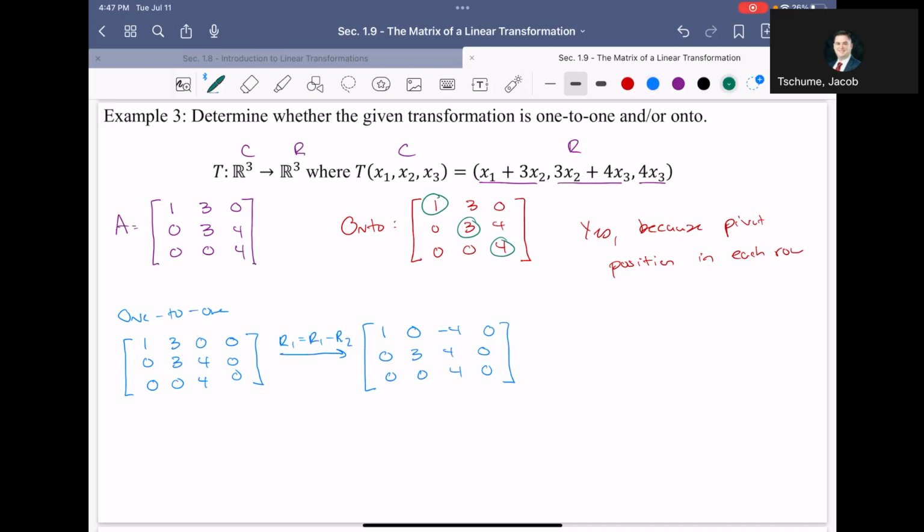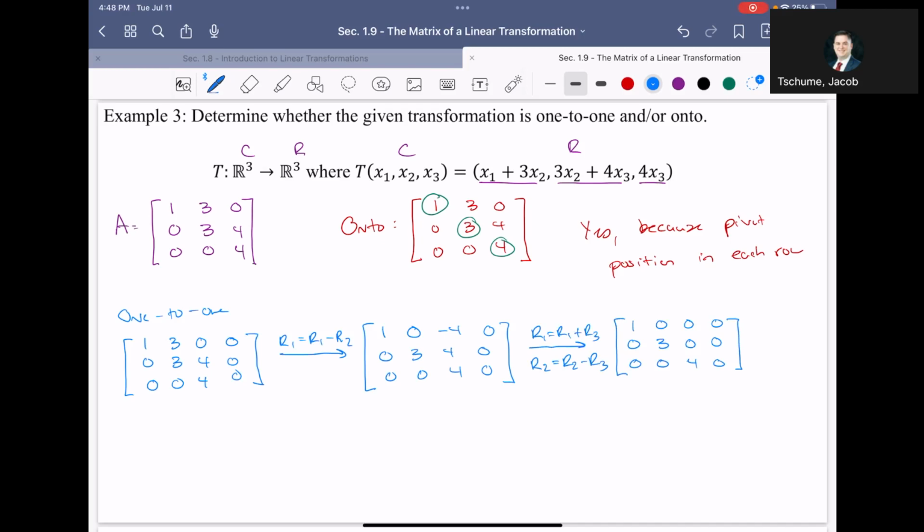So we have our first 2 pivot positions. My third pivot position is that 4 at the bottom of column 3. So I need to get rid of the 2 numbers that are above it. I would take row 1 and add row 3. I would take row 2 and subtract row 3. And you should end up with 1 0 0 0, 0 3 0 0, 0 0 4 0.